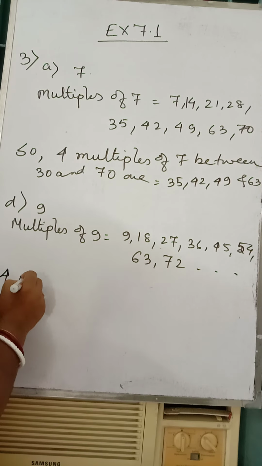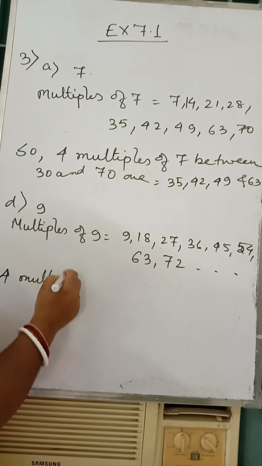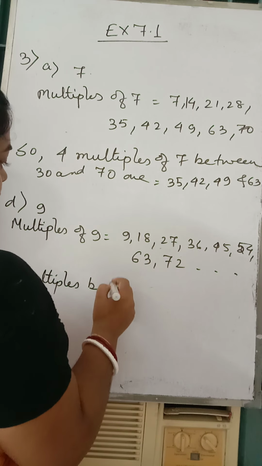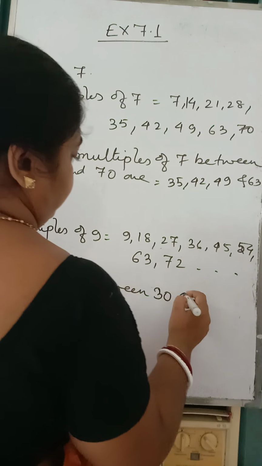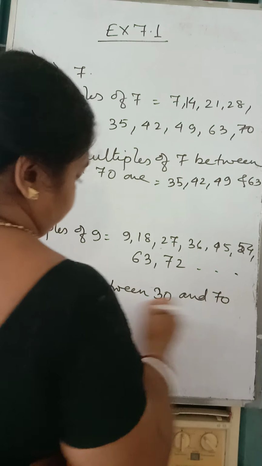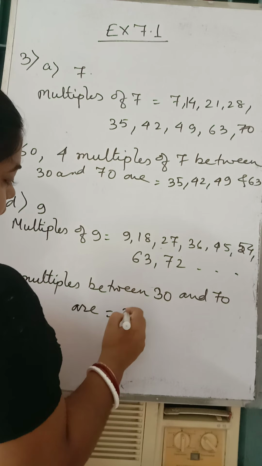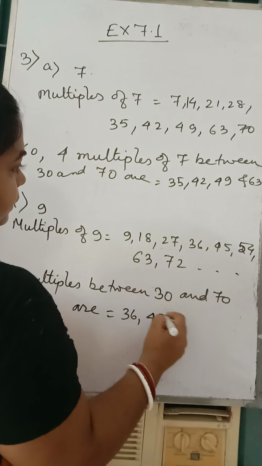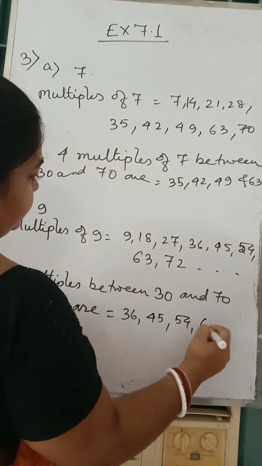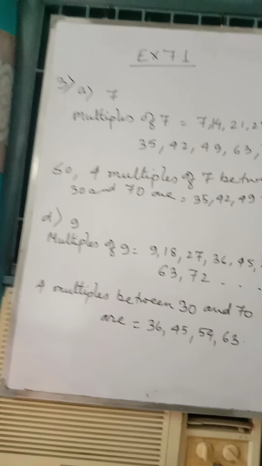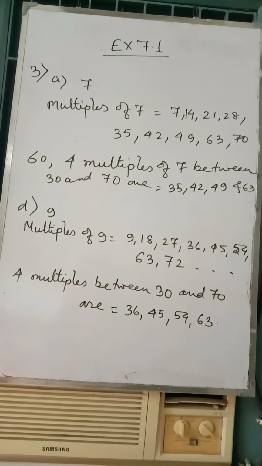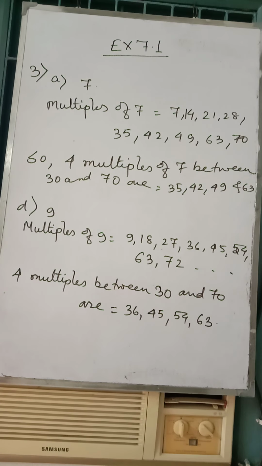The 4 multiples between 30 and 70 are 36, 45, 54 and 63. Is it? So like this we need to find question number 3, where we have to write the multiples, then afterward we have to find the 4 multiples which are between 30 and 70.